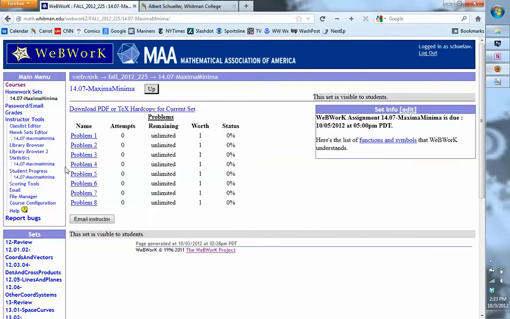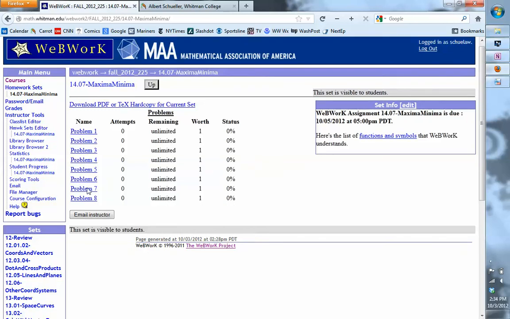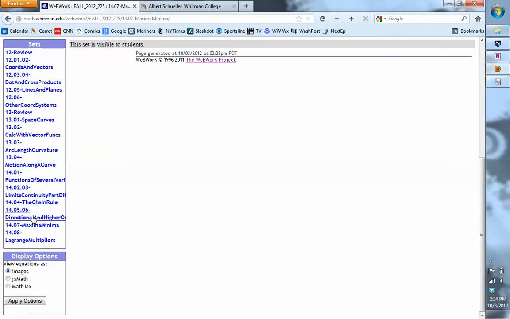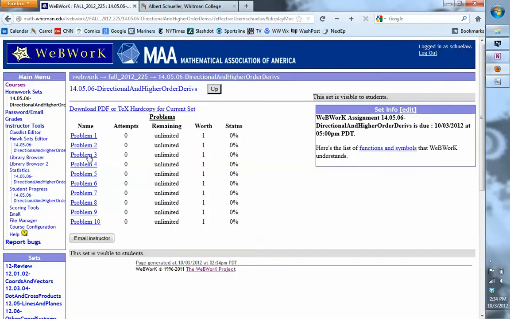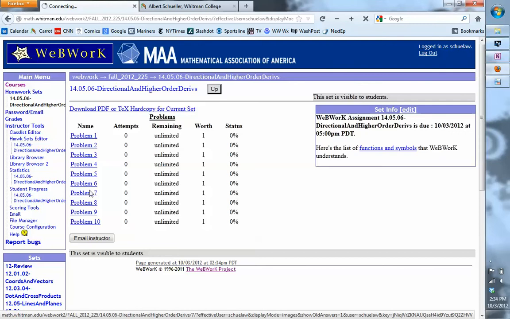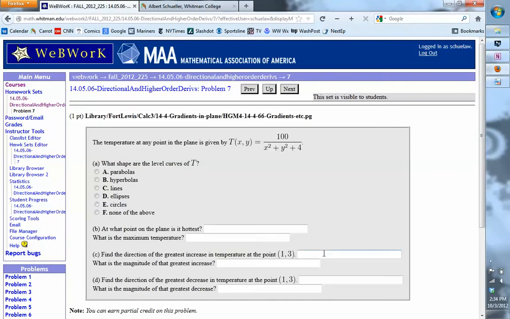So web work and 7, did you say? Yeah. Which is not this one. Let's go here and here. All right. So we've got this temperature function.